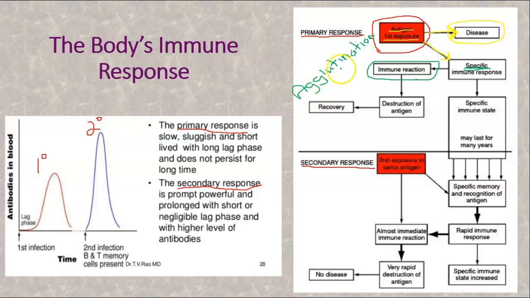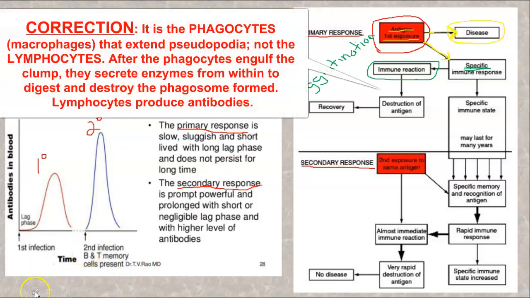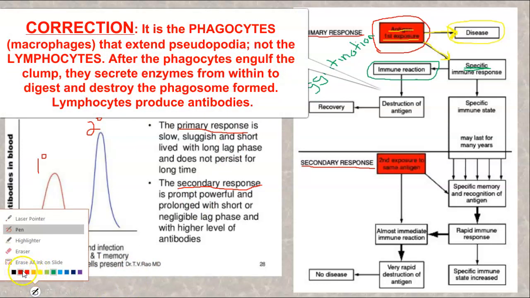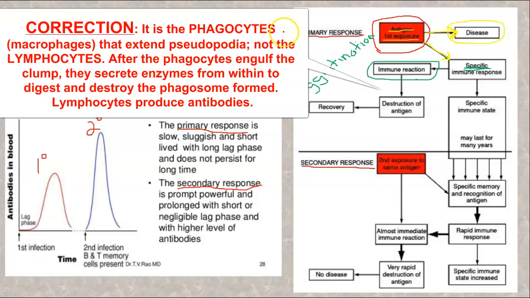This long word I've just written here. And agglutination helps bring all the antigens, all the foreign particles, in one area so that the phagocytes, which are the next part of the immune system or the white blood cells, extend pseudopodia around the clump, resulting in the cell eating that clump.